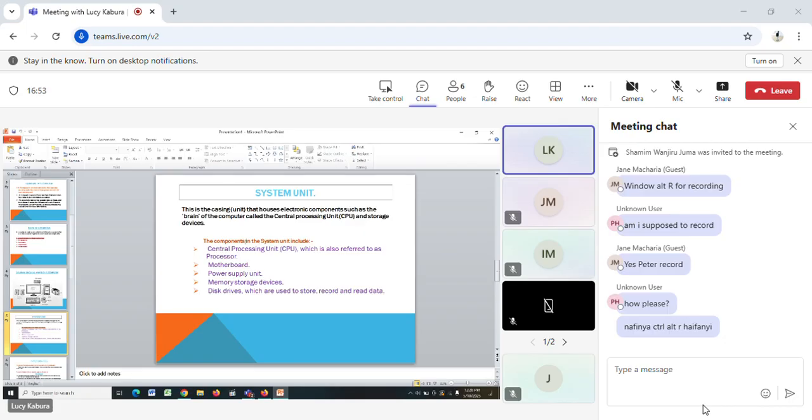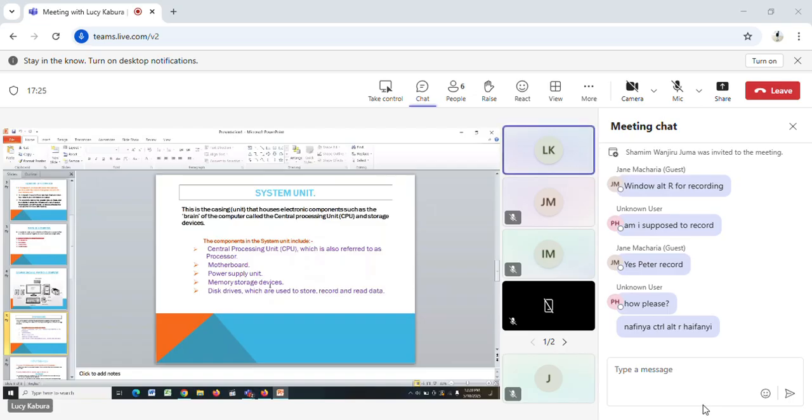So the components in the system unit include the CPU, which we have seen is inside the system unit. We have the motherboard, the power supply unit, the memory storage devices, and we also have the drive. Those are the components in the system unit.